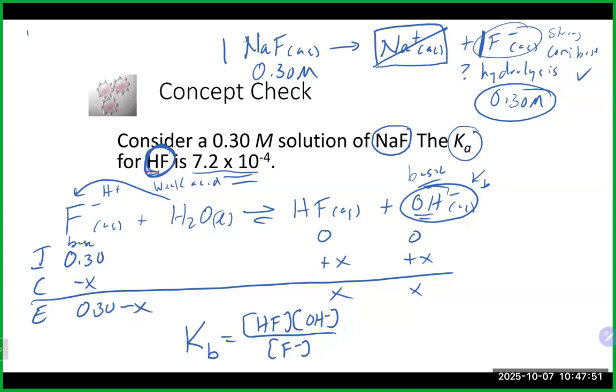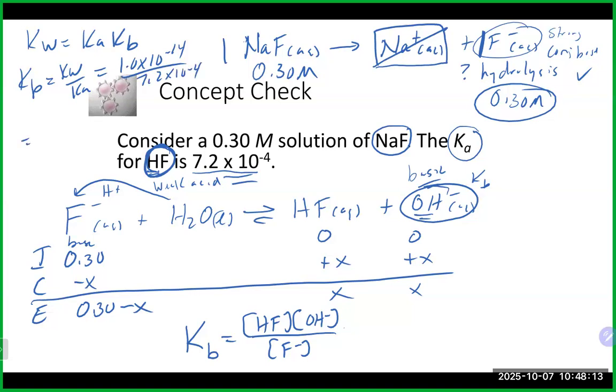So as we talked about earlier, this is where our Kw equals Ka times Kb comes into play. We could use that to calculate our Kb value. So our Kb value in this case would be Kw divided by Ka. That is 1 times 10 to the minus 14 divided by 7.2 times 10 to the minus 4. That's going to give us a Kb value in this case. Looks like I'll call it 1.4 times 10 to the minus 11.